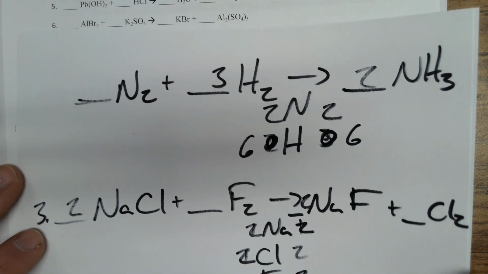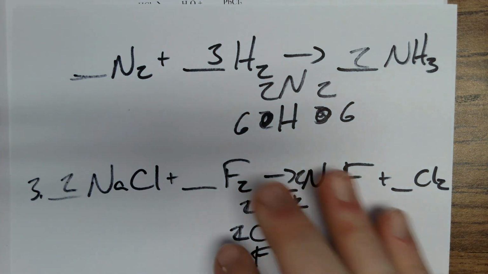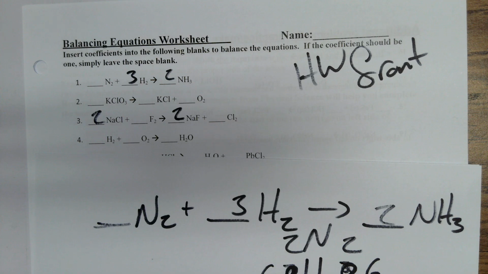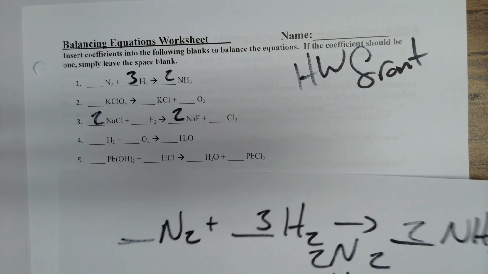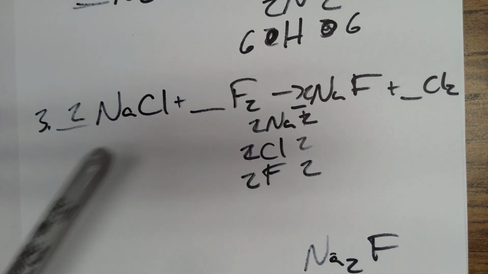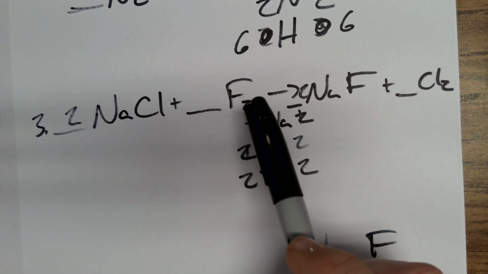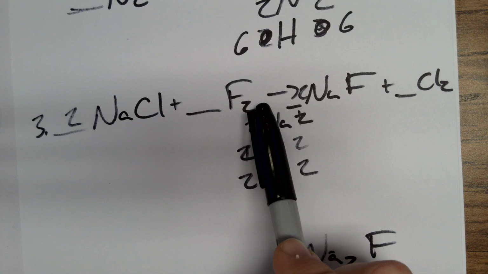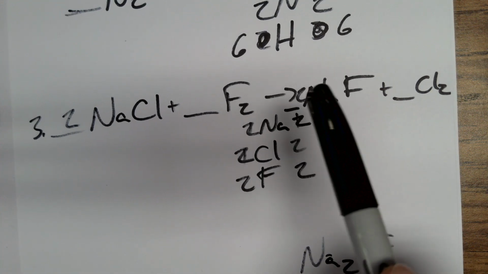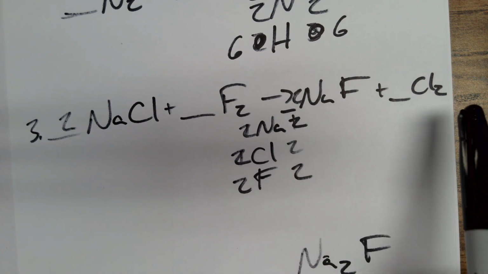So on my sheet, 2, 2. Oh, wait. Remember, I need 2 sodium chloride molecules plus 1 fluorine gas molecule will react to form 2 sodium fluoride molecules plus chlorine gas.